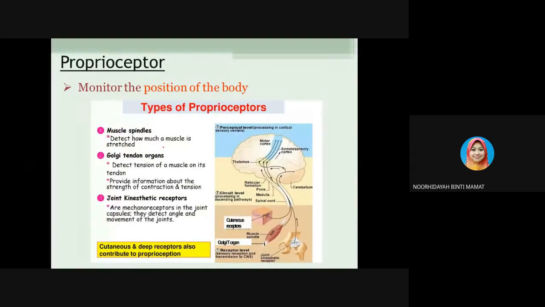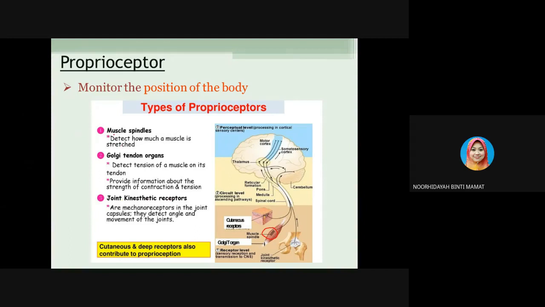So proprioceptors, as you know, monitor the positions of the body. We have three types of proprioceptors. The first one is the muscle spindles, here. We also have the Golgi tendon organ. We also have the joint kinesthetic receptor.